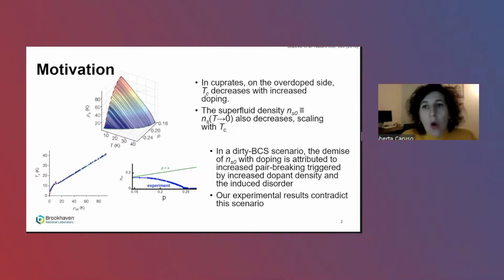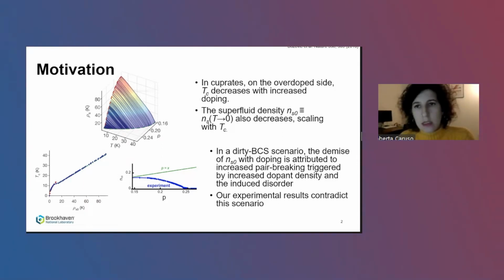One of the possible explanations for this phenomenon is the dirty BCS scenario, where the demise of the superfluid density with doping is attributed to an increased pair breaking, caused by the disorder induced by the increased dopant density.